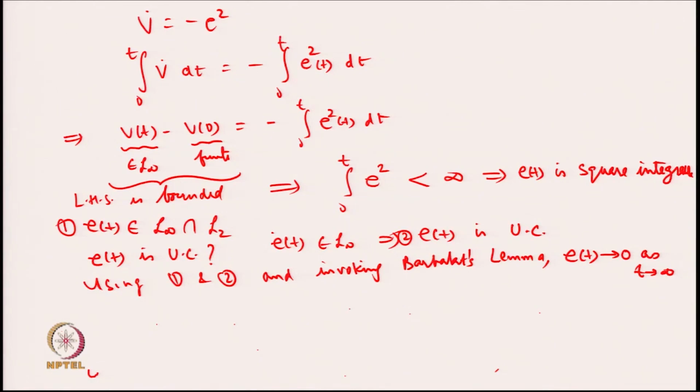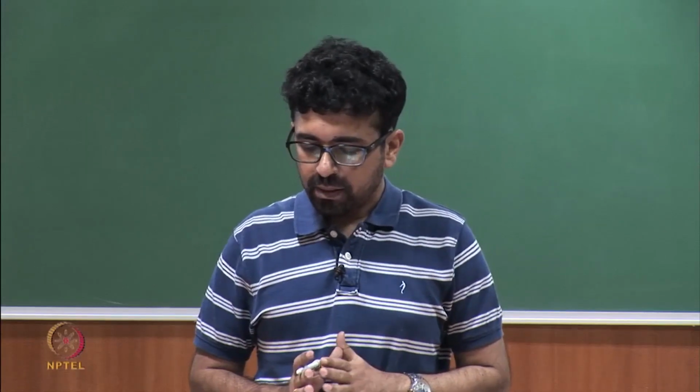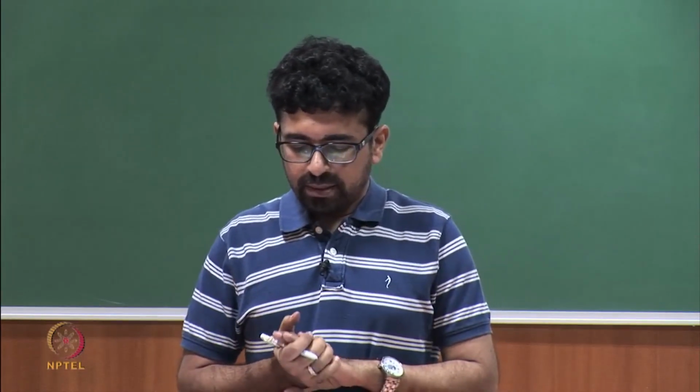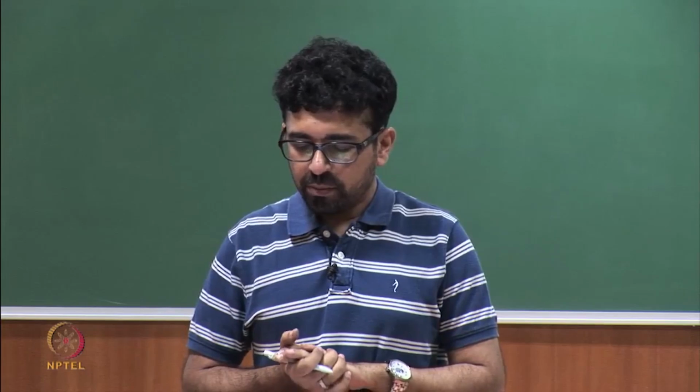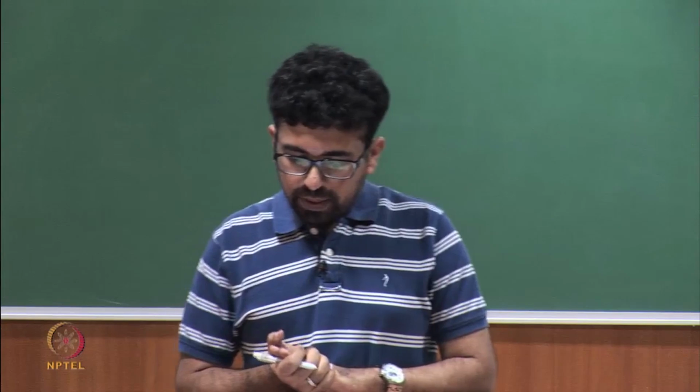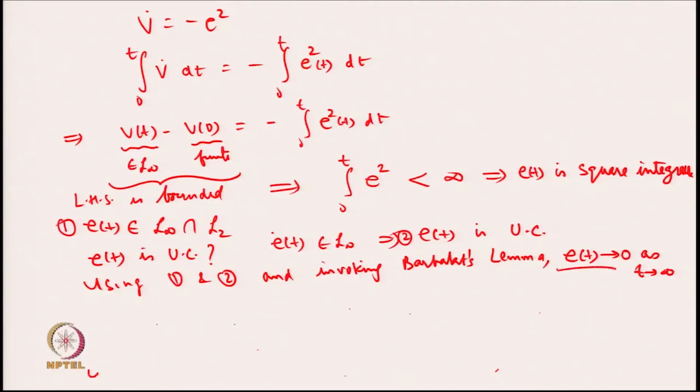So, using Lyapunov theorems, we could only prove that the equilibrium point is uniformly globally stable. However, then we used another lemma called Barbalat's lemma to prove that the state E of t converges to 0. So, in this case, although we can prove that E of t goes to 0, at least in this scenario, it is not possible to guarantee that theta of t also converges to 0.